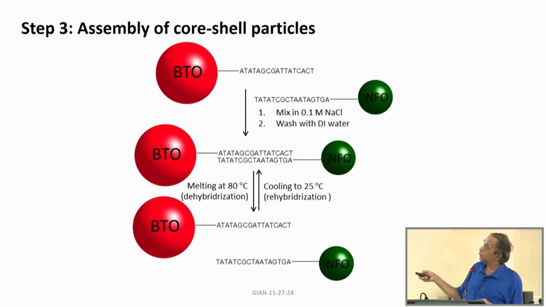So these are the two complementary strands of DNA attached to barium titanate and nickel ferrite. Then they are brought together, and when you cool it down to 25 degrees, they will hybridize, or you heat it up to 80 degrees, they will become separate.